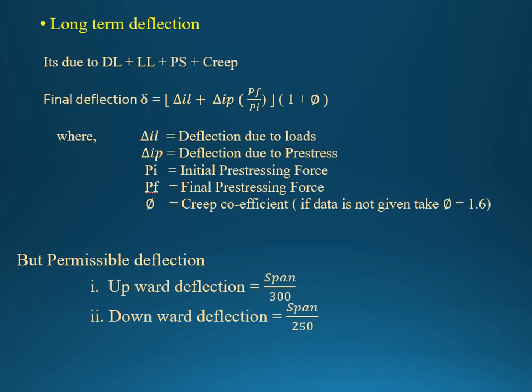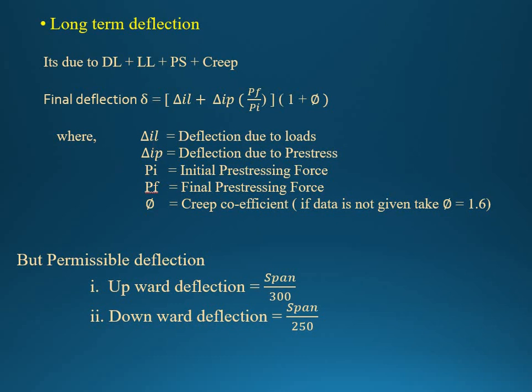The final deflection is delta equal to delta IL plus delta IP into PF by PI into 1 plus phi. This formula is easily available in the codebook. You can go and refer to the codebook.